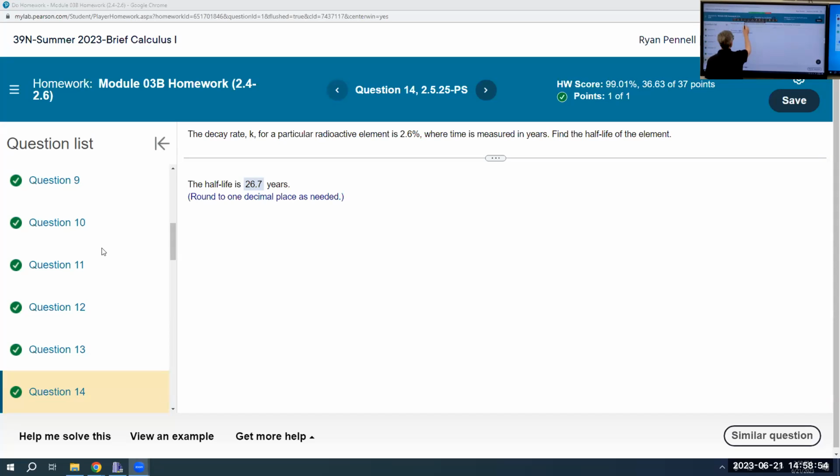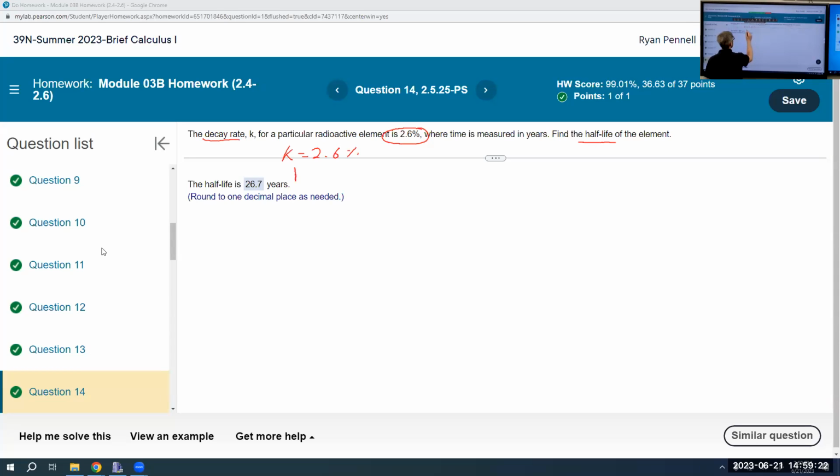We are again finding half-life. We are given 2.6, that's what we found in the previous problem. So we answered with that 2.6 percentage. This time, that's what we're given. So they're saying K equals 2.6%, and this is decay rate.